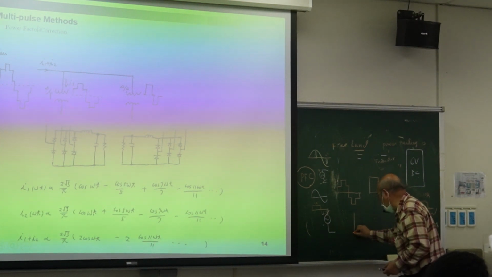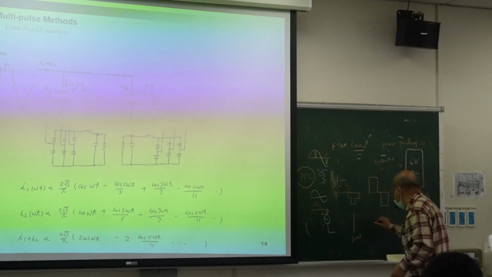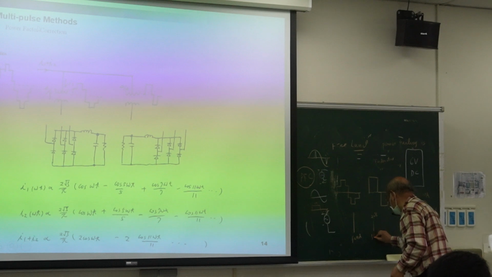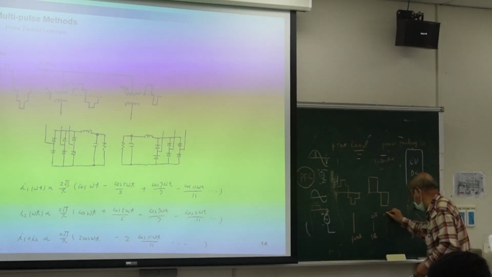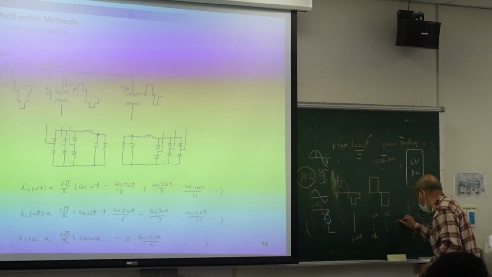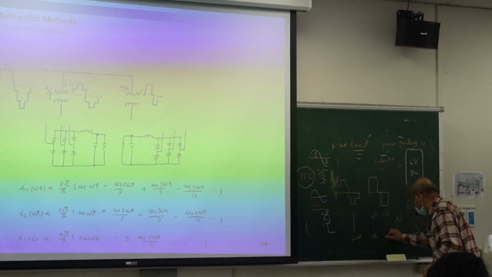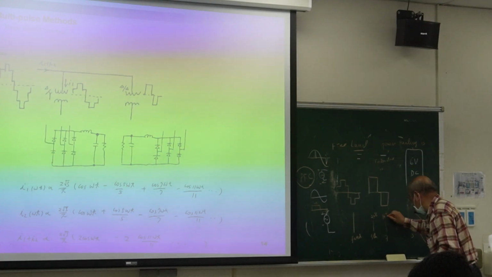So you can see before, one is the harmonics. We have the fundamental here, and then we have the fifth harmonics, 20%. This is the fifth harmonics. We have the 7th harmonics, 40%. Then we have the 11th harmonics, 9%. This is 7, this is 40%.